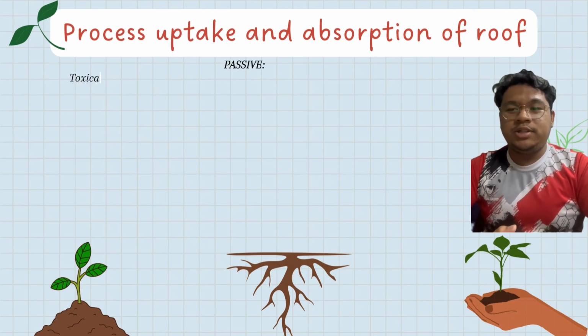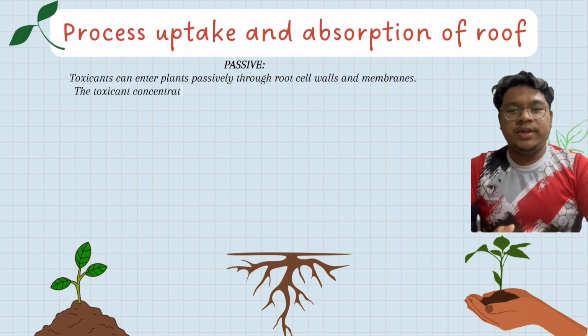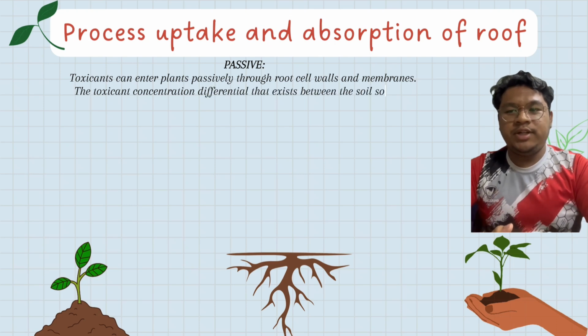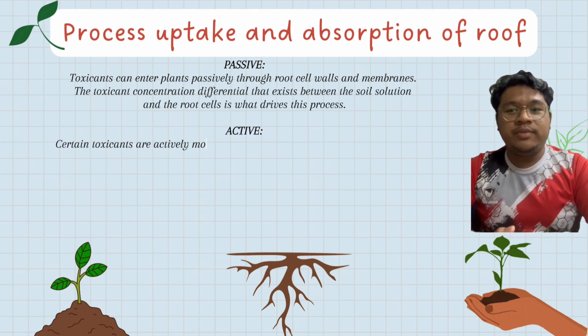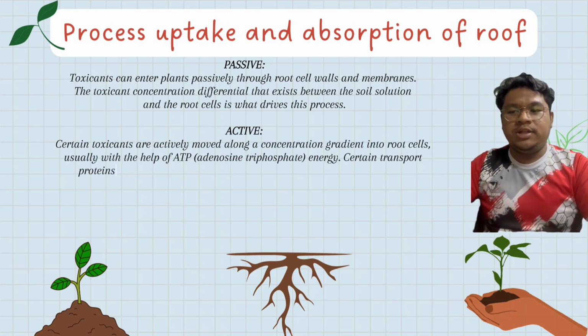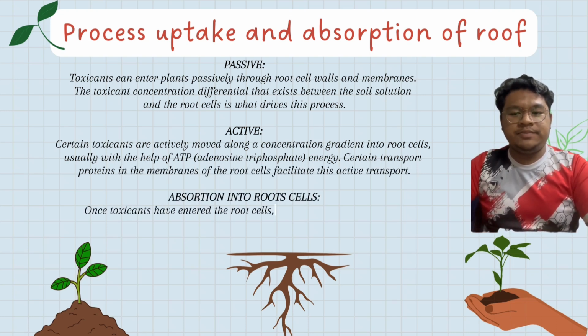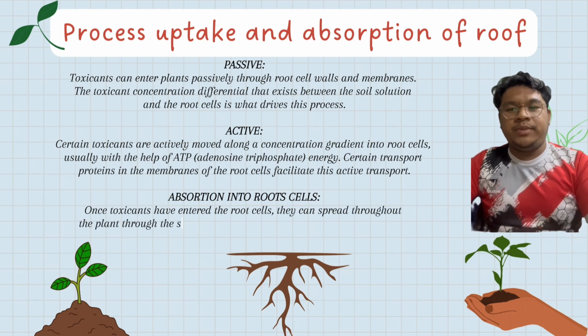The uptake and absorption of toxicants, such as pollutants or chemicals, via plant root is a significant pathway through which plants can be adversely affected. Here's how it generally happens. First, uptake mechanism. Passive uptake. Toxicants can enter plants passively through root cell walls and membranes. The toxicant concentration differential that exists between the soil solution and the root cell is what drives this process. Active uptake.